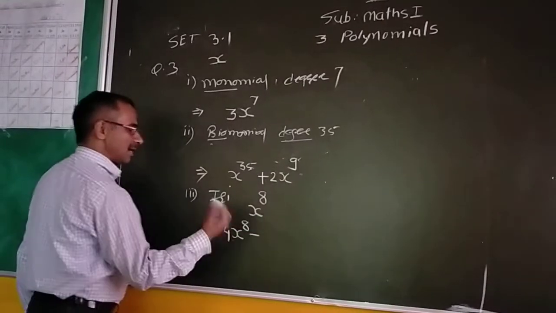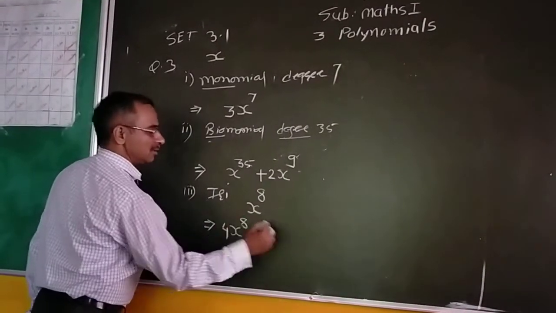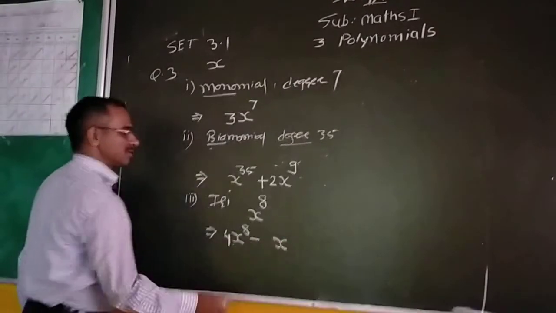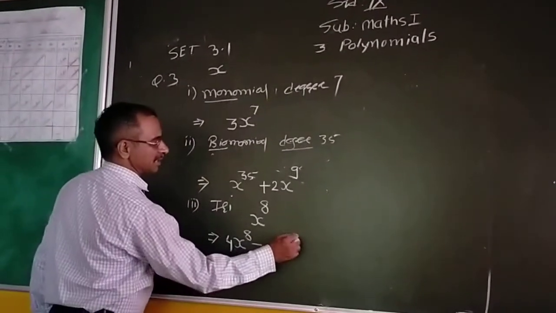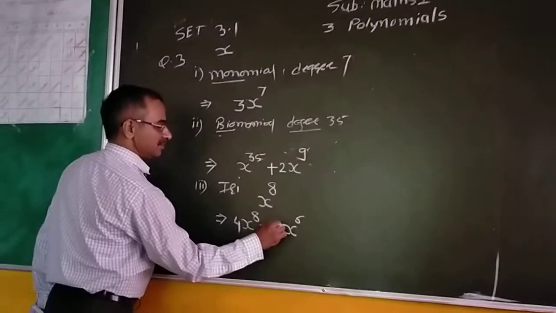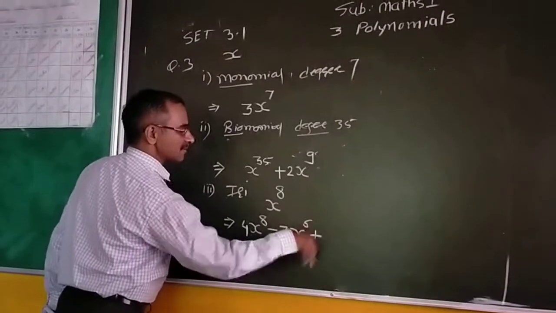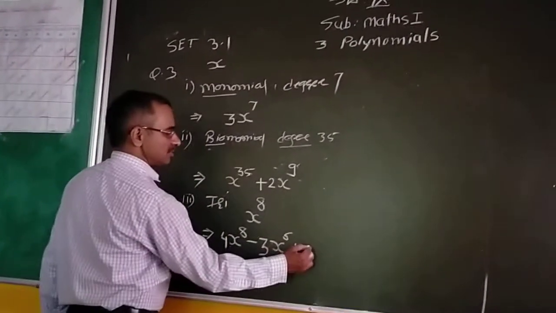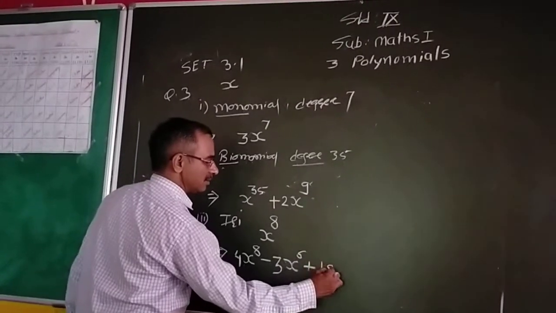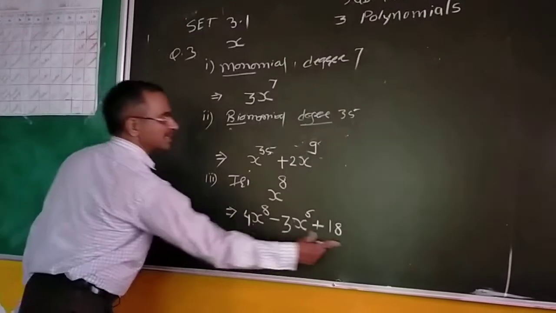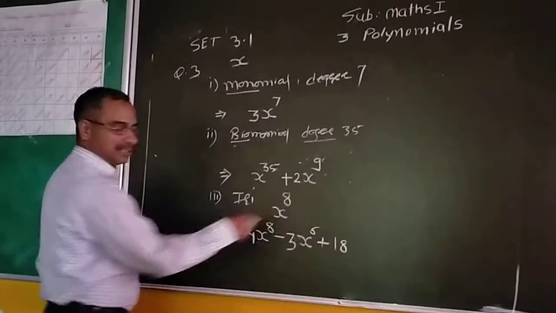So write the lower or descending powers of x. Suppose I take 6 as coefficient, plus, take any constant. Suppose I take 18. So we get the trinomial. 3 terms are here. The highest power is 8.